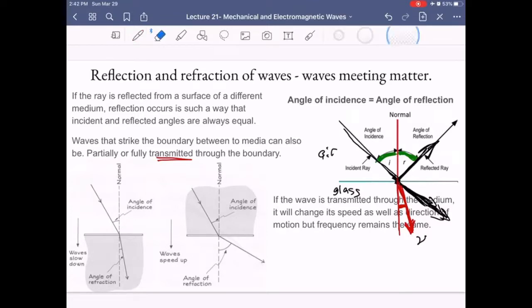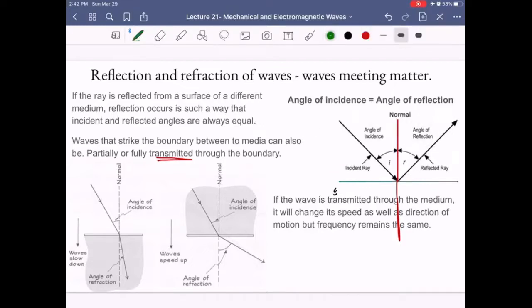Now, what happens if this transmitted wave speeds up? So now again we have light transmitted through it, but let's say in this case it's not air. Let's say it's a concrete wall, and let it be sound waves.